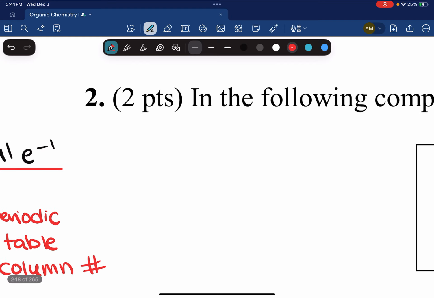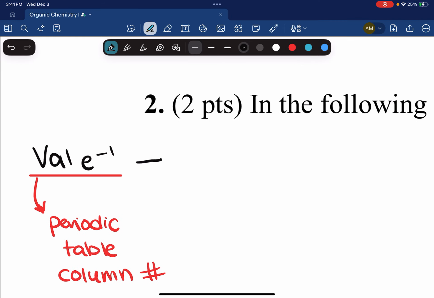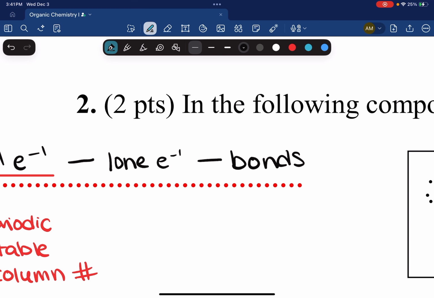So, for example, let me go ahead and do this whole thing. So, the valence electrons minus lone electrons. So, like, each electron in a lone pair is a lone electron. And then minus bonds. That's how I count it.